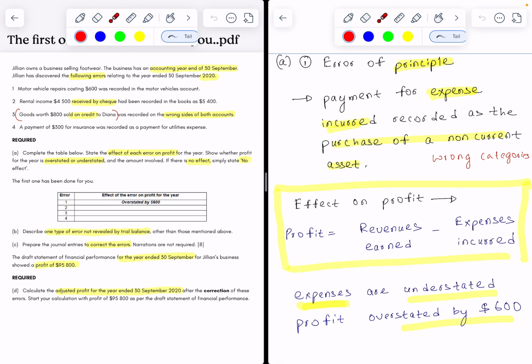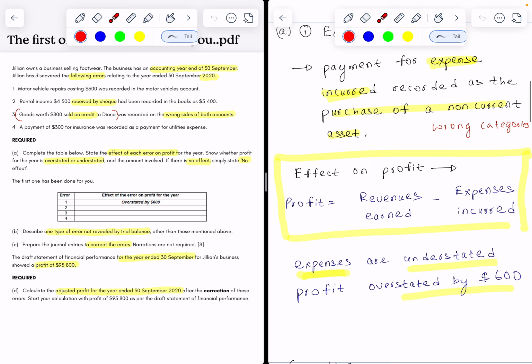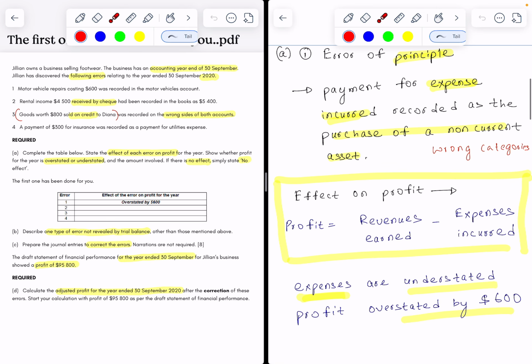Okay, so how do we fix this? Before we can fix this, let's understand the effect on profit for this error. Now profit is calculated as the difference between revenues earned and expenses incurred. So if we fail to record the payment made for an expense, we are understating our expenses.